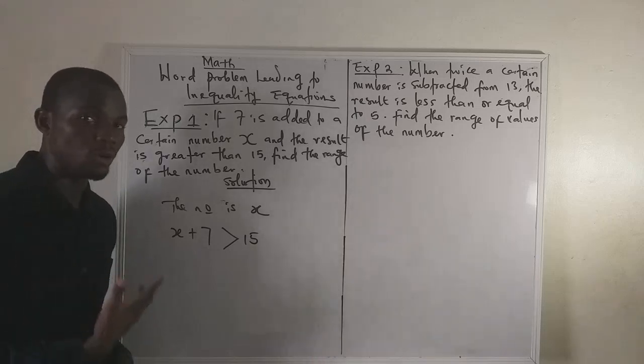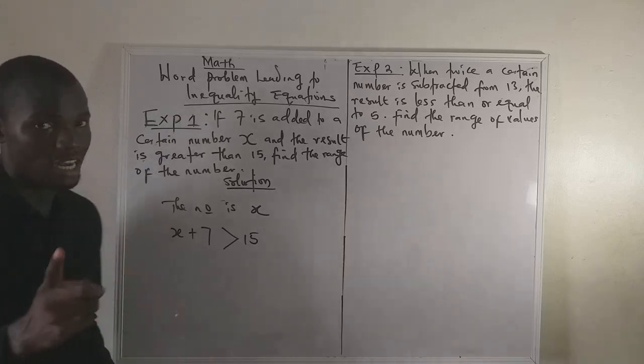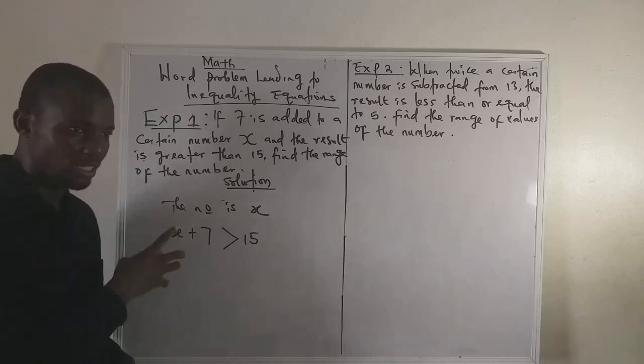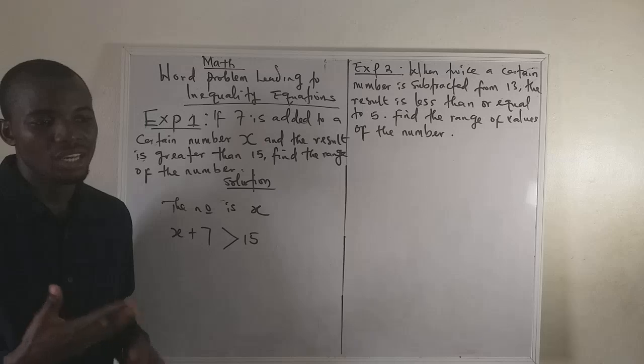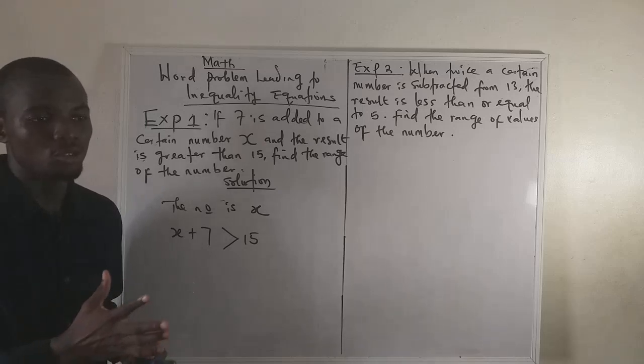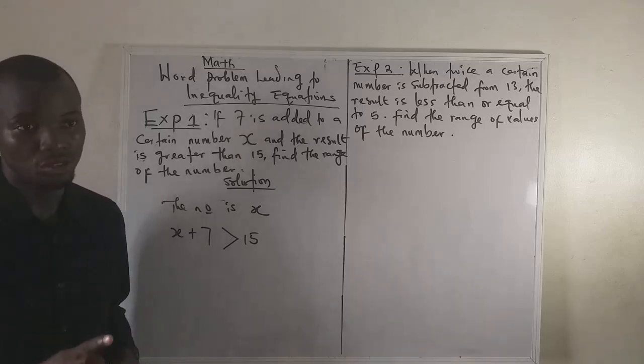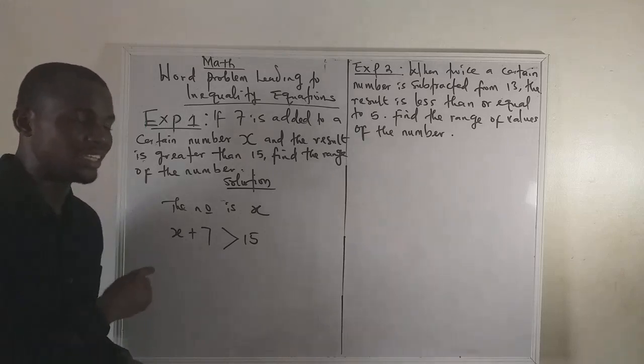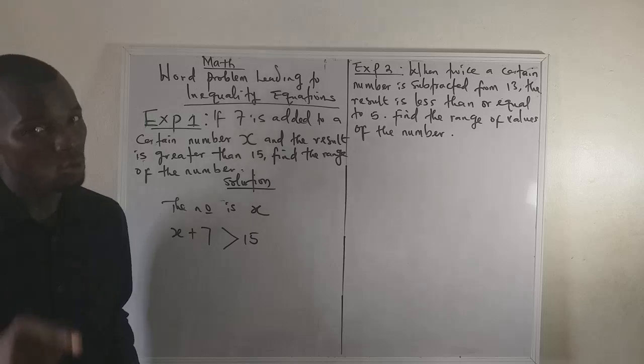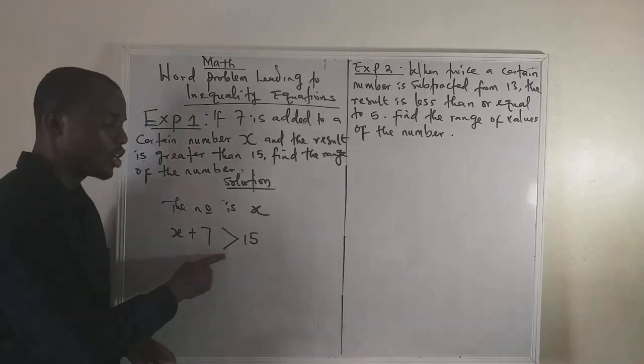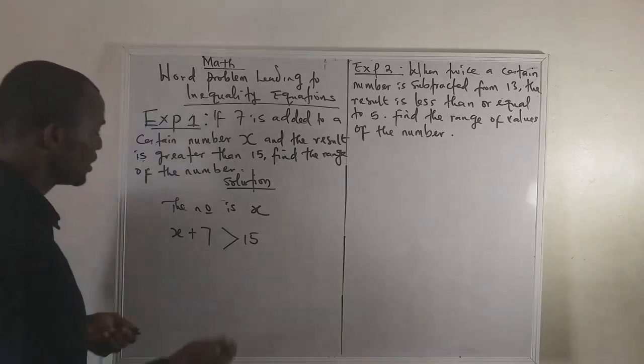So now we are going to solve for x. I always tell my students, when you are dealing with an inequality problem, do it as if you are solving a linear equation. The only thing is, don't change the inequality sign to an equals sign.